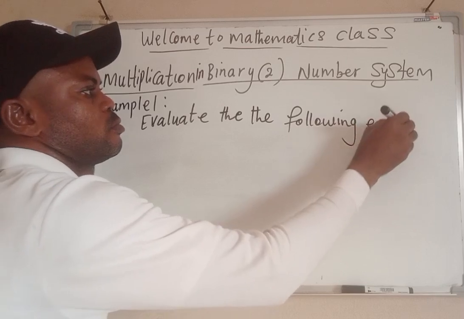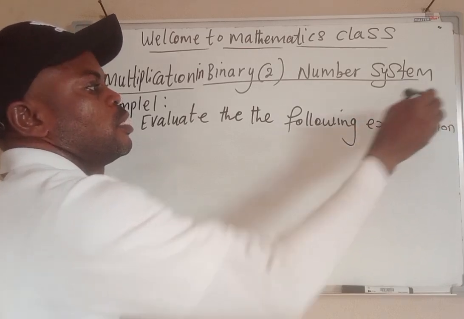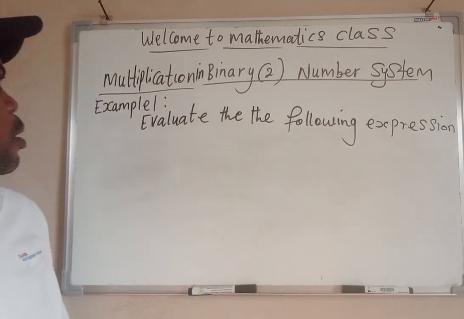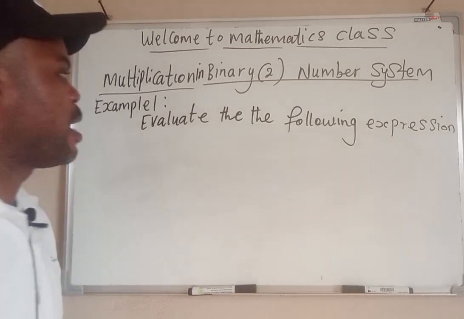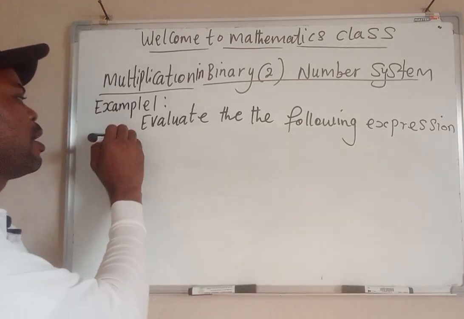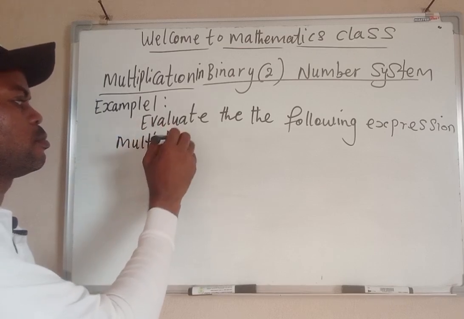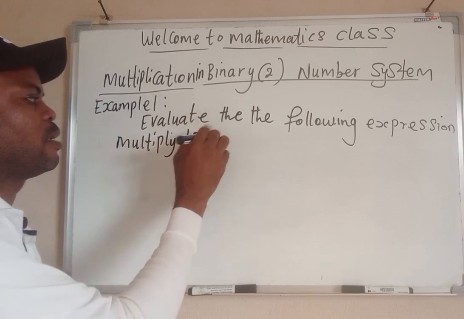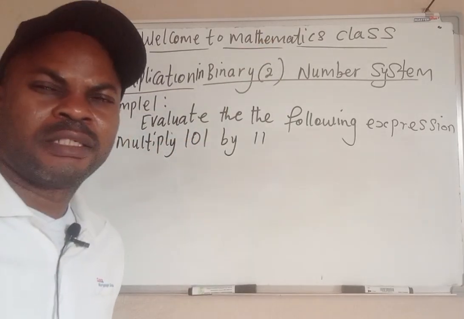Example 1 is saying multiply 101 by 11. It's still as simple as ABC.